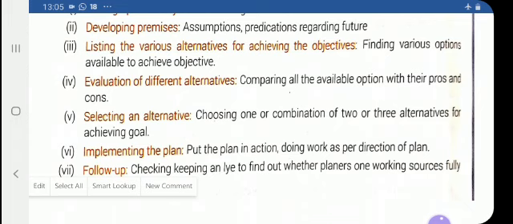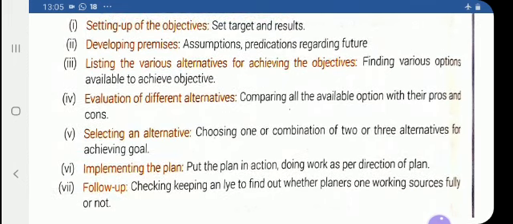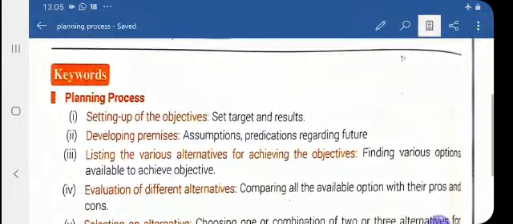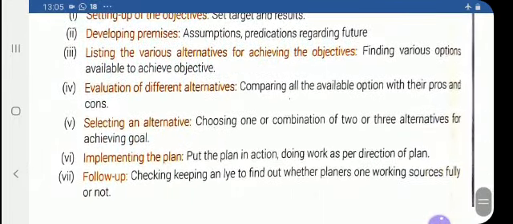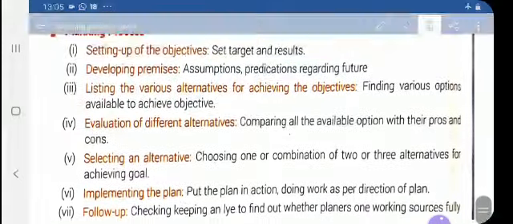In order to achieve the desired objective efficiently and effectively, regular monitoring of the plan is essential, and this helps to ensure that work is progressing as scheduled and timely corrective actions are undertaken. So this is the last step, that is to follow up from time to time whether according to plan all the functions are going on or not.